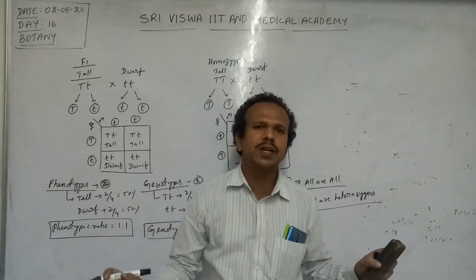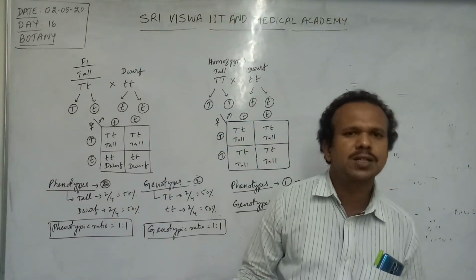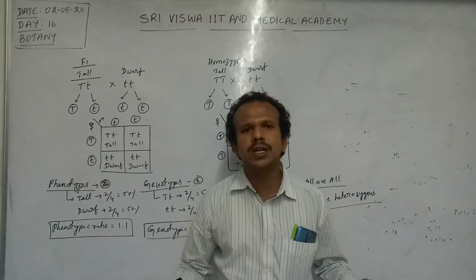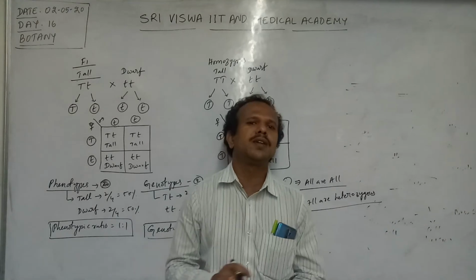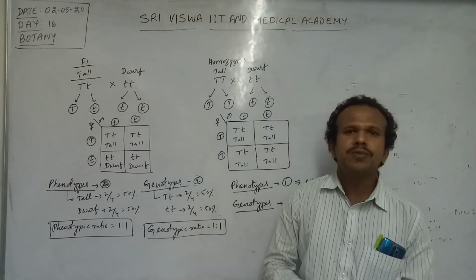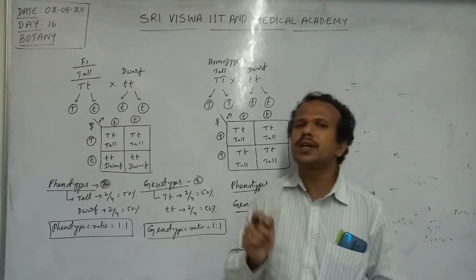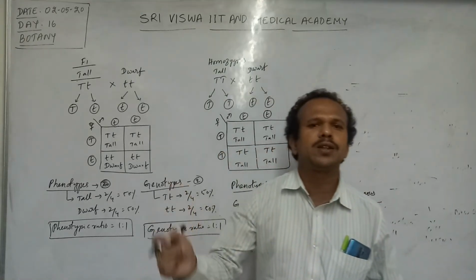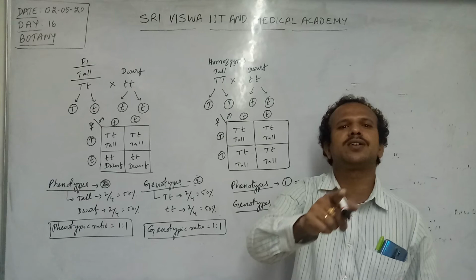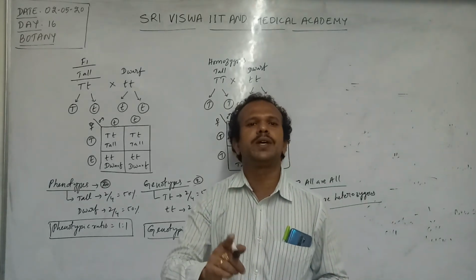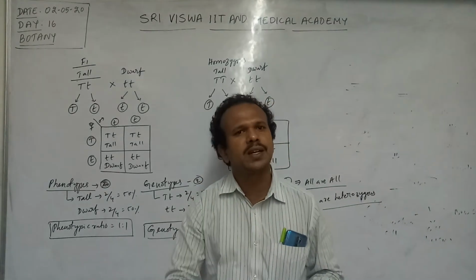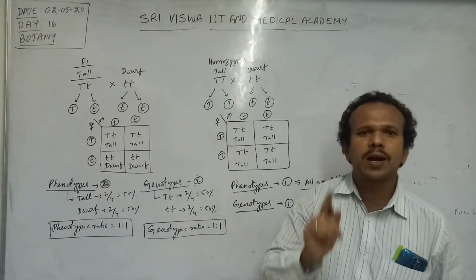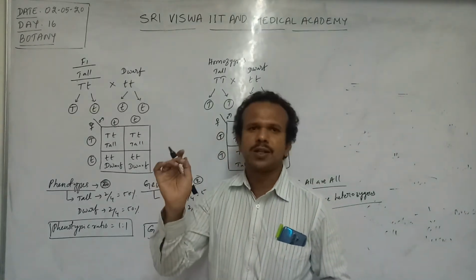There is no difference between them. We cannot distinguish homozygous tall and heterozygous tall by observing the external features. Then which technique is used to identify whether the tall plant is homozygous or heterozygous? Yes, the test cross. Test cross is the technique which is used to identify whether F2 tall plant is homozygous or heterozygous.